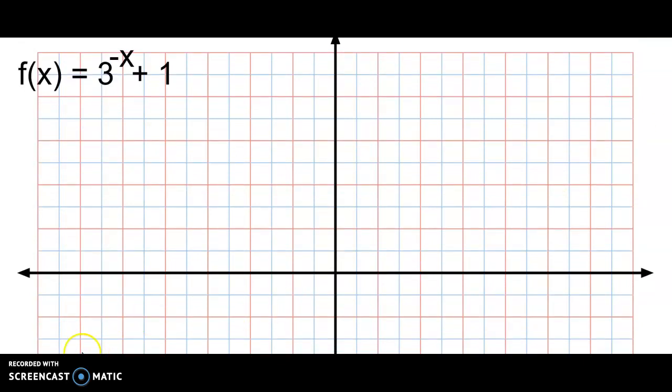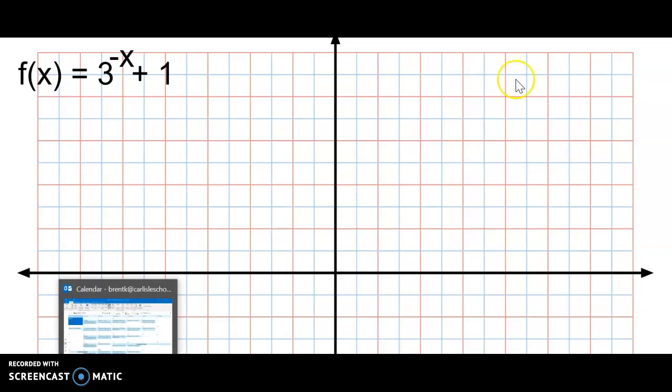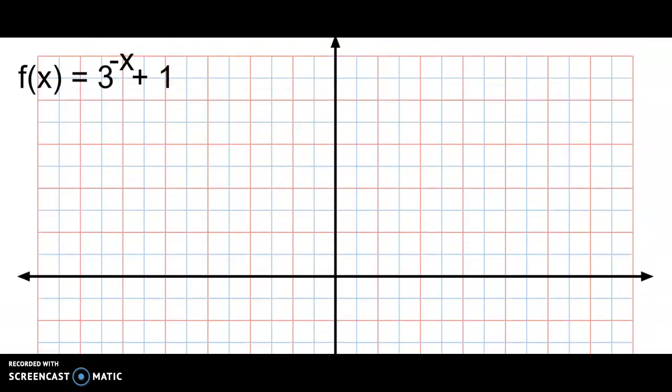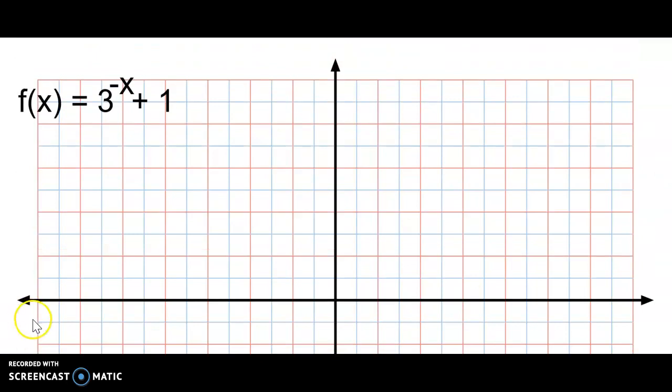See what you think here. Think about what 3 to the negative x looks like. It usually goes through 0, 1, and it's decreasing. I'm just doing a rough sketch. Think about what adding 1 did to any of our functions before.